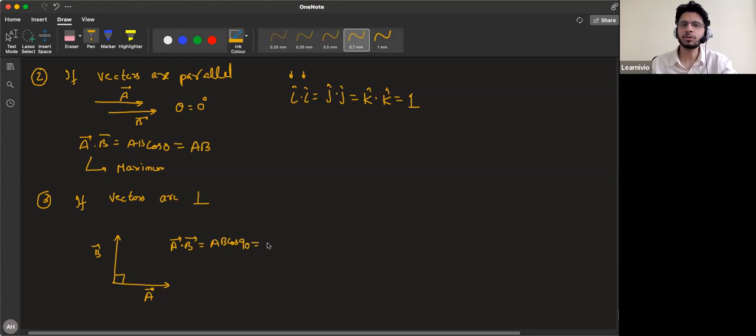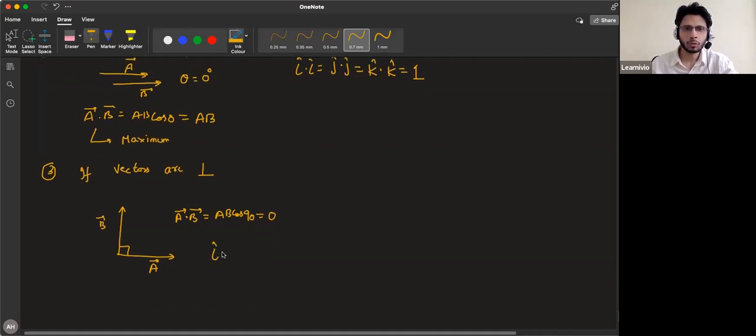Cos 90 is 0, so it will be 0. So if vectors are perpendicular, then their dot product is 0. So what should be I dot J? What should be the value of I dot J? 1? No, they are perpendicular. So if vectors are perpendicular, then dot is 0.